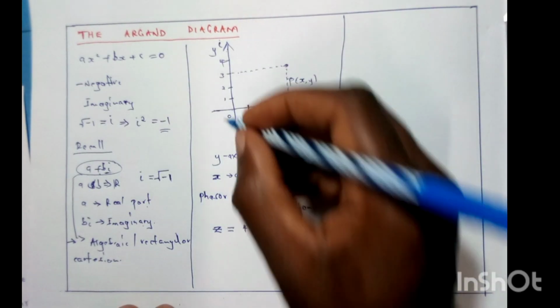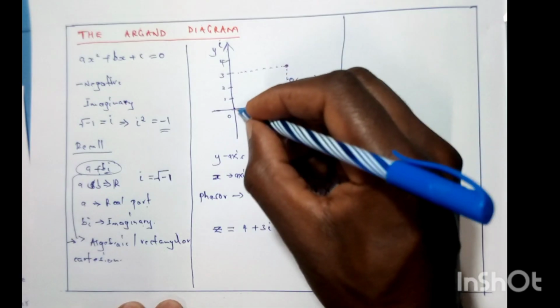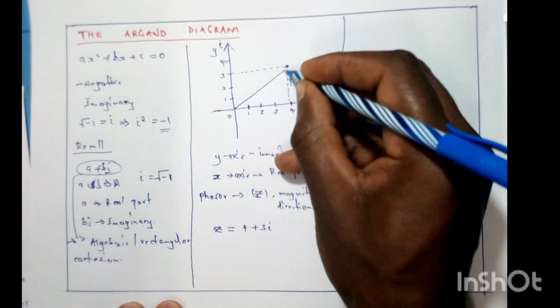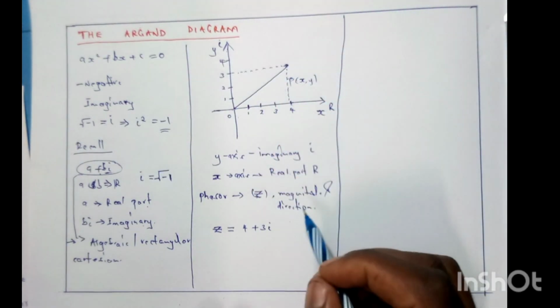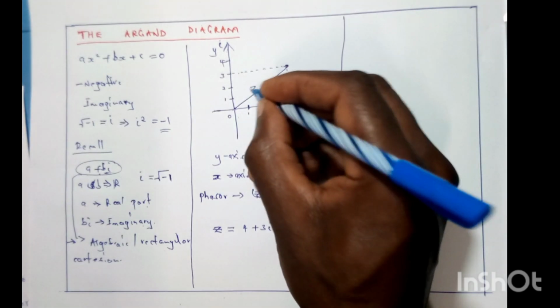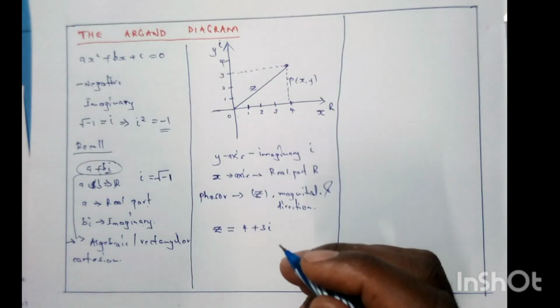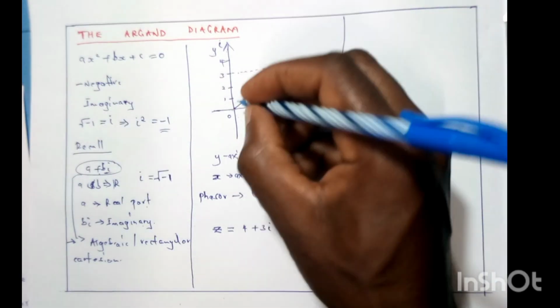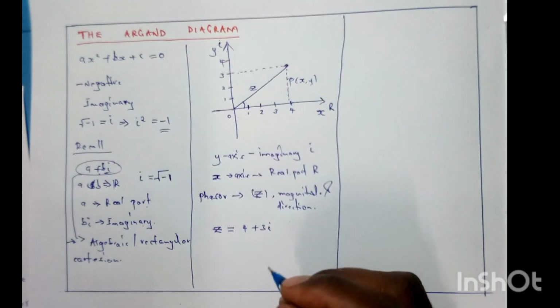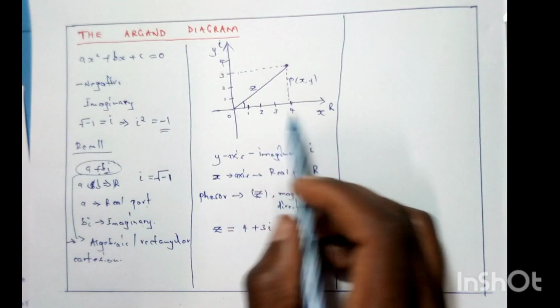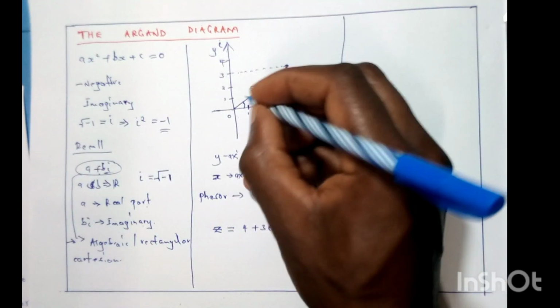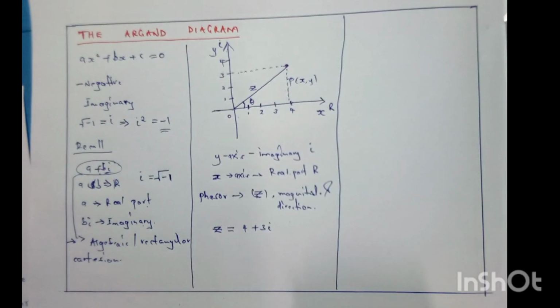Therefore, from the origin, I'm going to have a phasor that is represented using that particular magnitude and direction. So I'm going to have this one representing that particular phasor. As we have been doing for ordinary vectors, we can give the angle formed between the real part and this phasor, and I can give it in terms of theta.